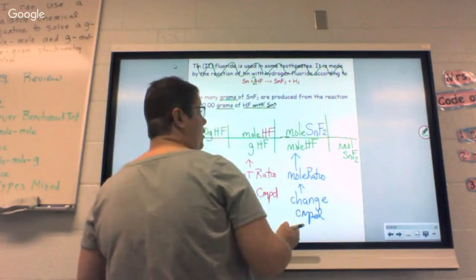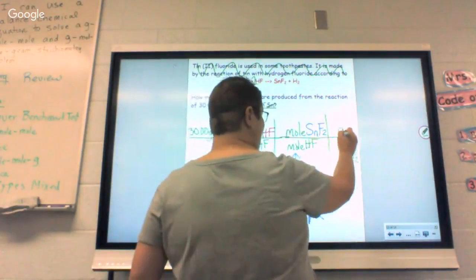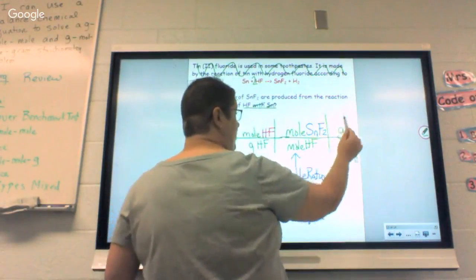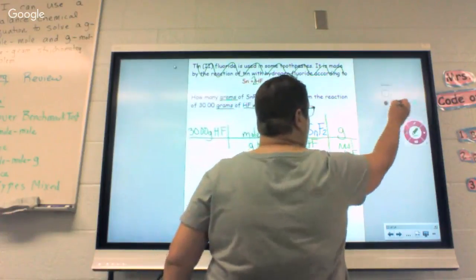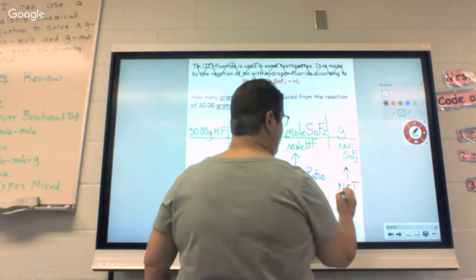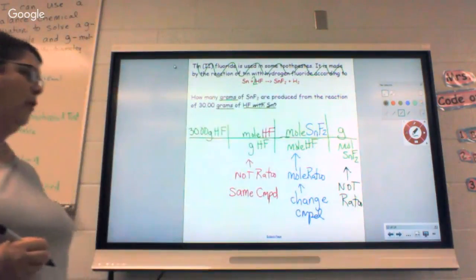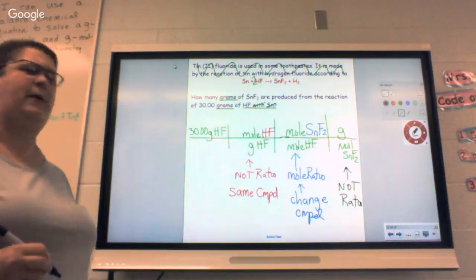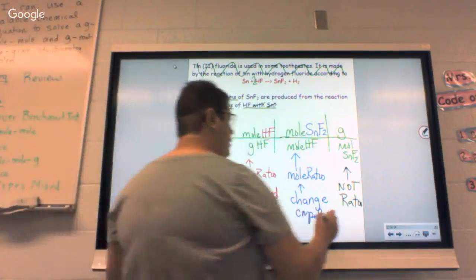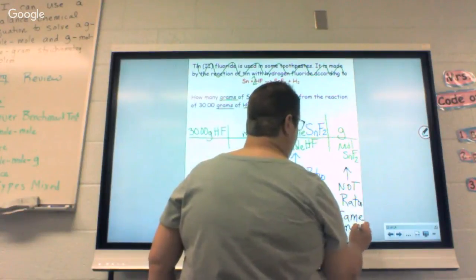And then again, are we changing compound? No, because we already did it. So again, this is not a ratio. If that's not the mole ratio, can I change the compound? No. So I'm going to have the same compound again.